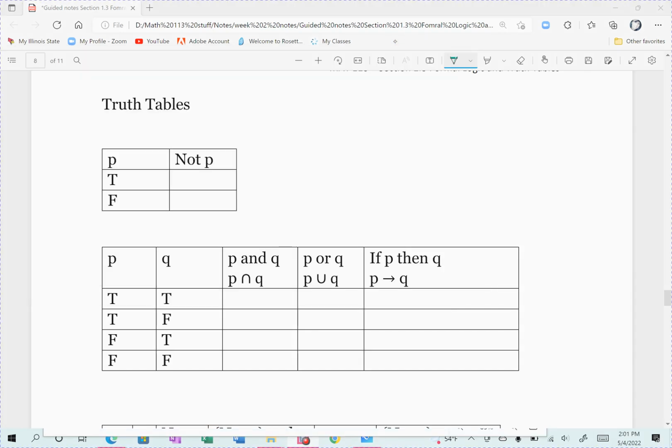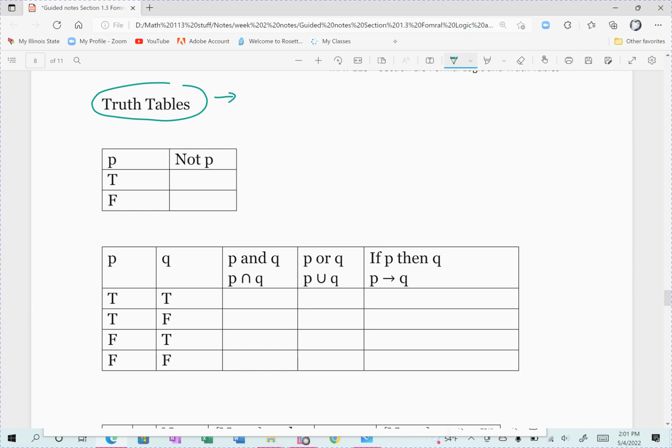All right, the next thing we're going to look at in this set of notes is truth tables. Truth tables are a way to look at the true and false relationship in logical statements, and how, when we combine them using conjunction, disjunction, and implication, it changes the true or falseness of the statement.